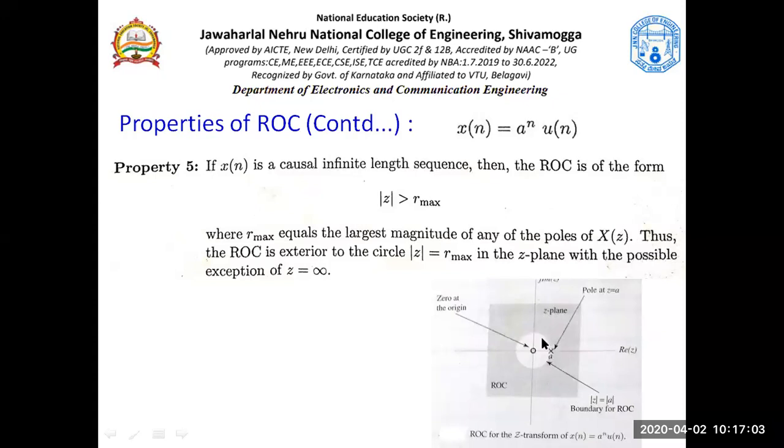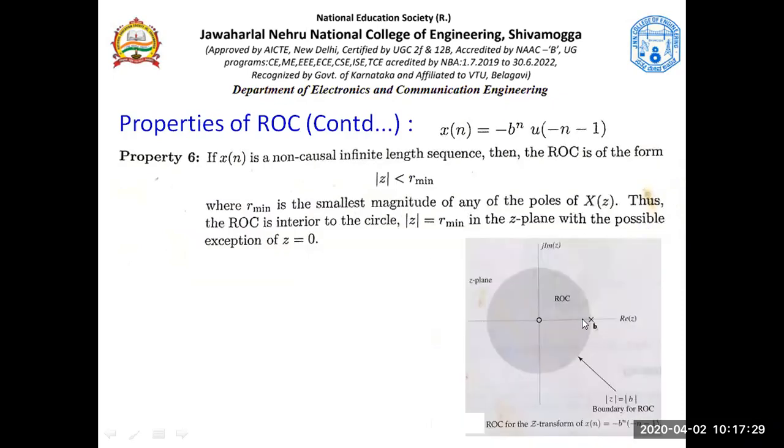It's on the edge, it's not within the ROC region. All the shaded part constitutes the region of convergence. So when they say the ROC does not contain any pole, you should understand that it can be there on the boundary, but it should not be within the ROC.